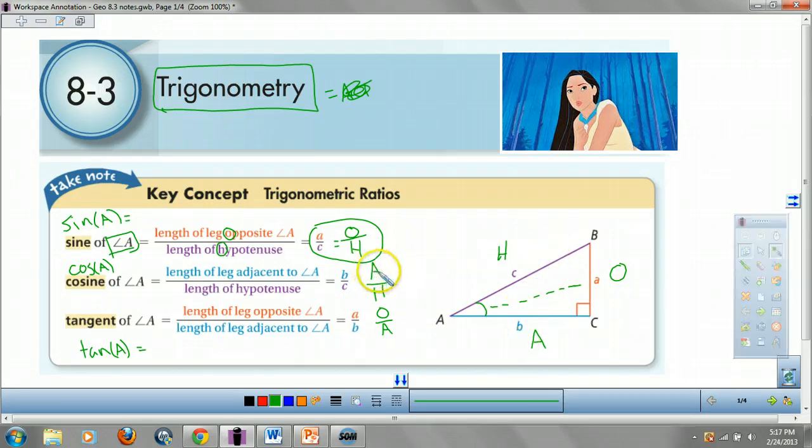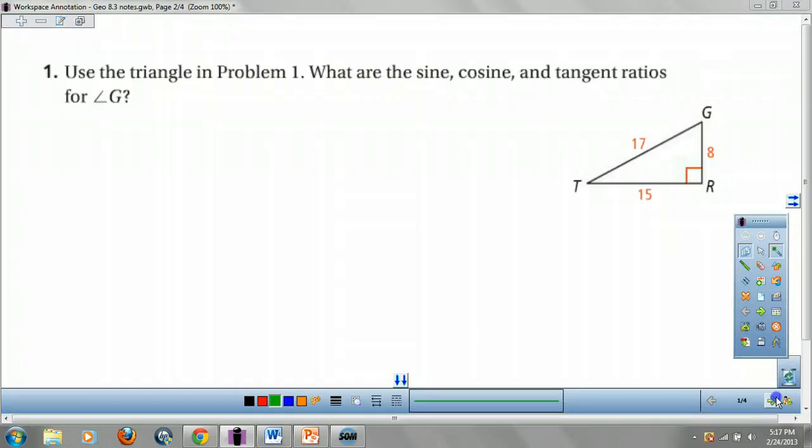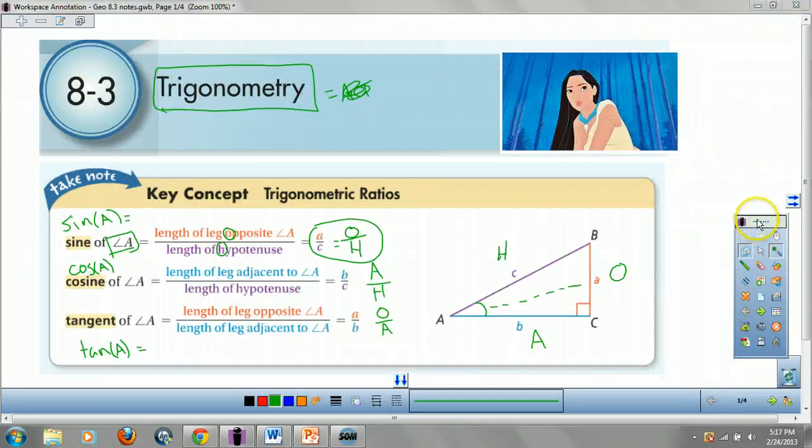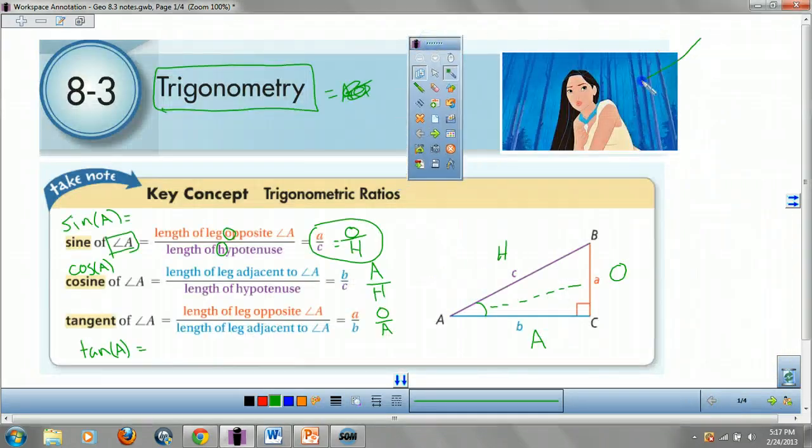Now, here's how I remember these, guys. See this lady up here? Her name's Pocahontas. Copyright issues. A long time ago, there was an Indian princess named Pocahontas who walked through the woods, and she stubbed her toe on a rock. Ouch!